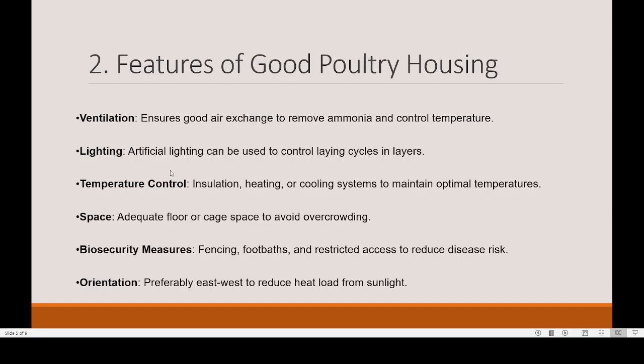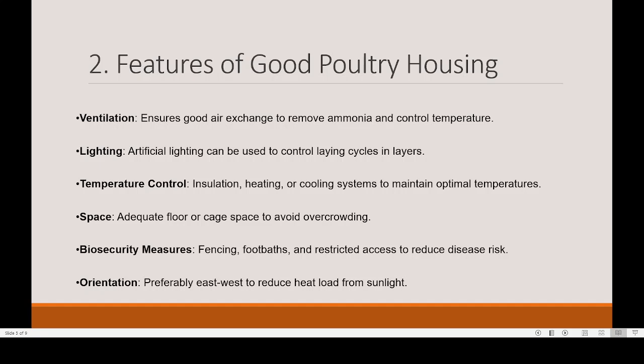Then lighting is important. Artificial lighting can be used to control laying cycles in an area. Here you can see that the birds normally require 12 hours of lighting. If there is less lighting time, for example, if you are growing poultry in Europe, where the natural light may sometimes be less than 12 hours, then if you are using natural light, the chicken may not lay eggs often.